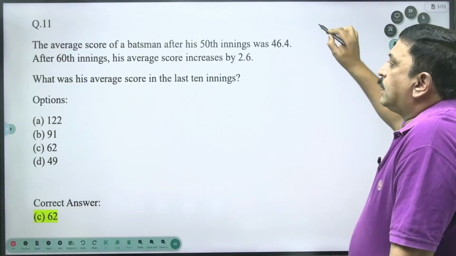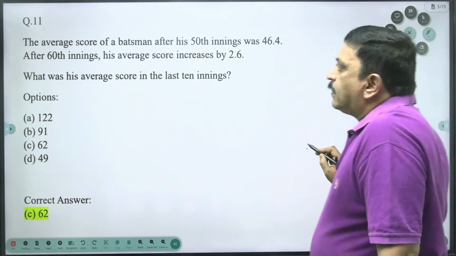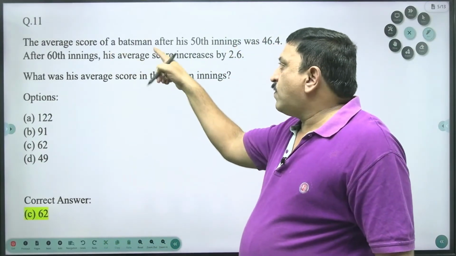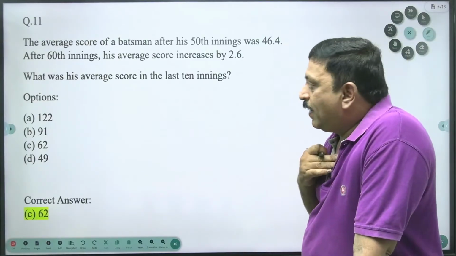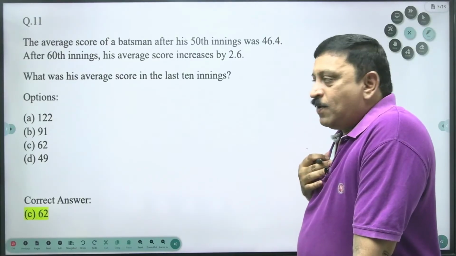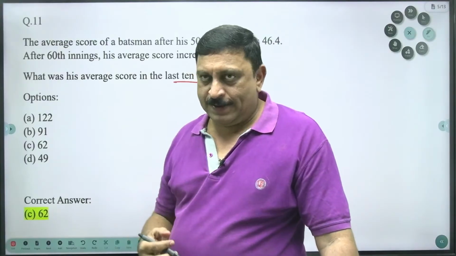You see this one. Another good question, right? Here I have taken another average case where the average score of a batsman after his 50th innings was 46.4. After 60th innings, his average score increases by 2.6. What was his average score in the last 10 innings, right?